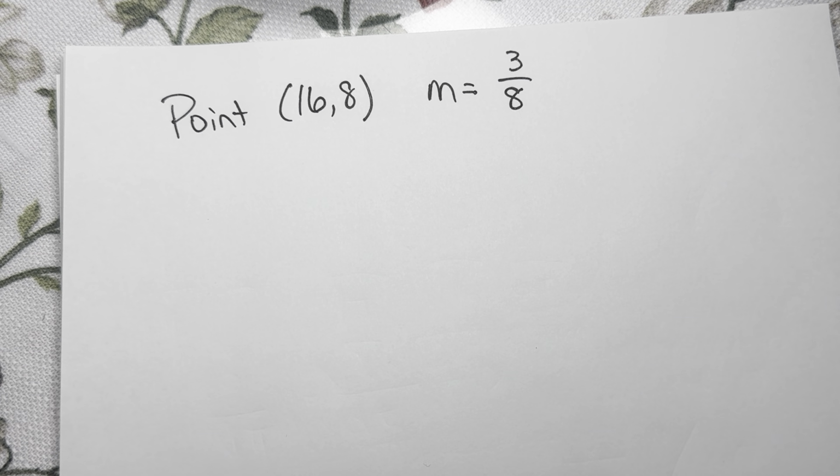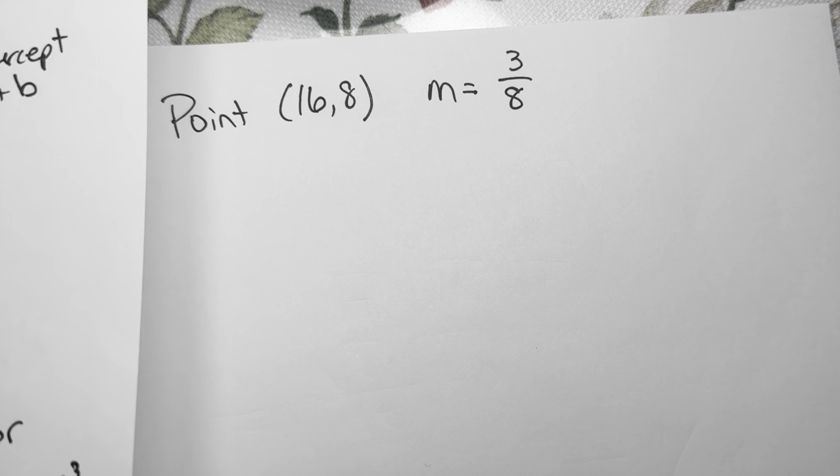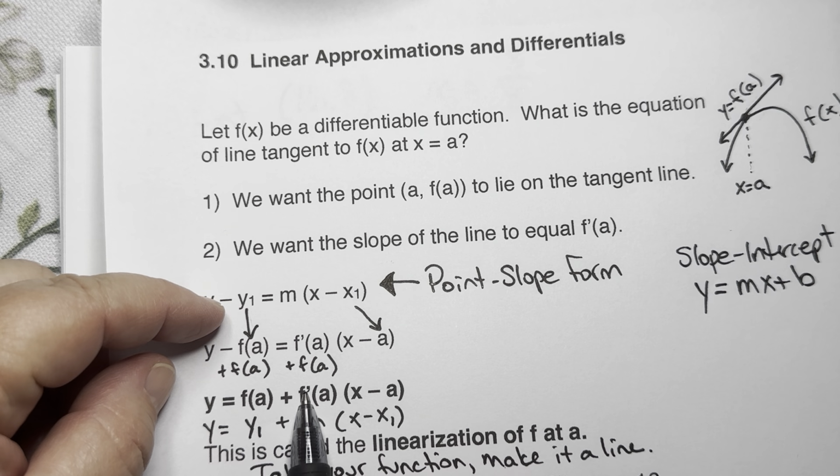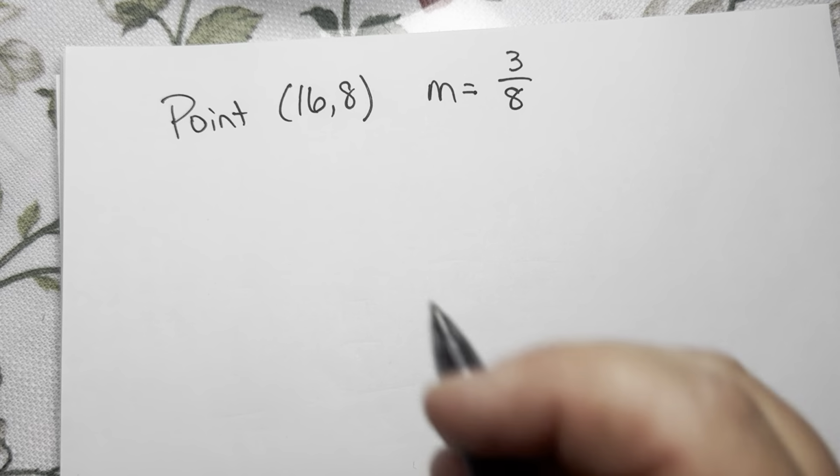And so the linearization of this is technically going to be f of a plus f prime of a times x minus a.